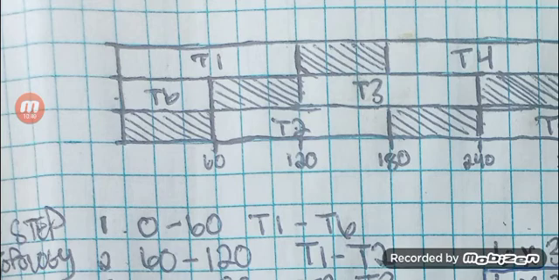And then at 120 degrees, T2 stays on, T3 comes on, T1 turns off, and T2 and T3 stay on till 180 degrees.